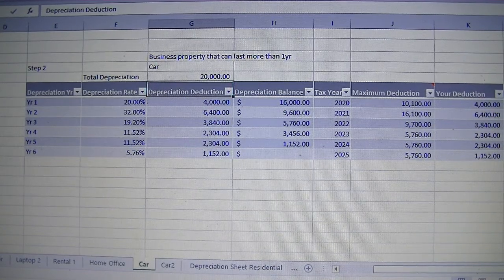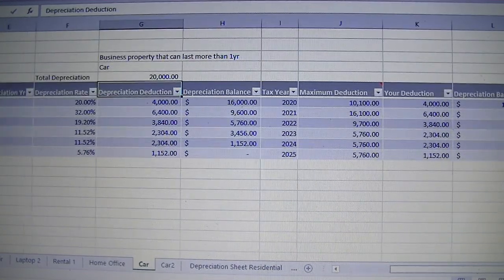We need to enter more criteria here, because there is a maximum depreciation deduction allowed for a car, so we have more in the spreadsheet. Those are the tax years, starting with 2020, 2021 for year 2, 2022 for year 3, all the way to 2025 for year 6.